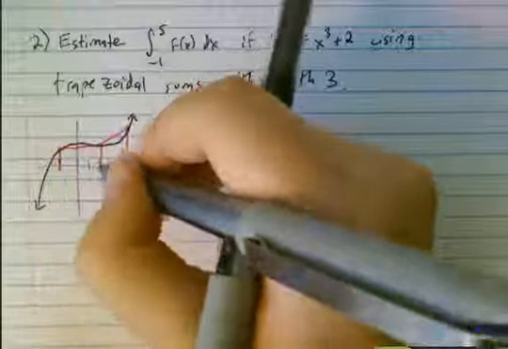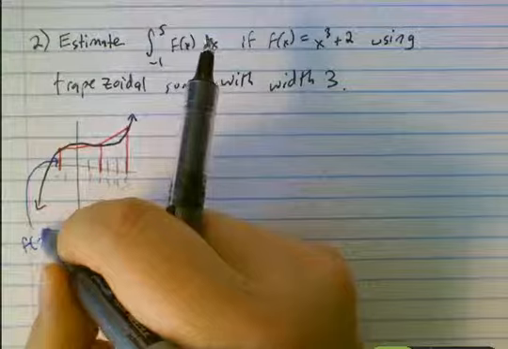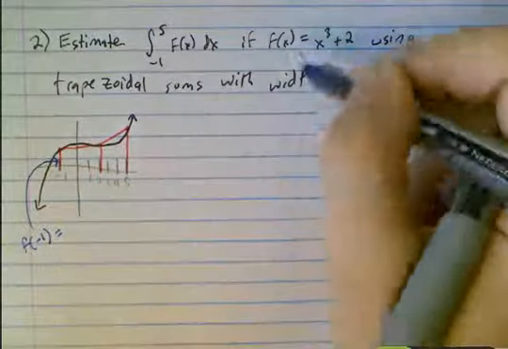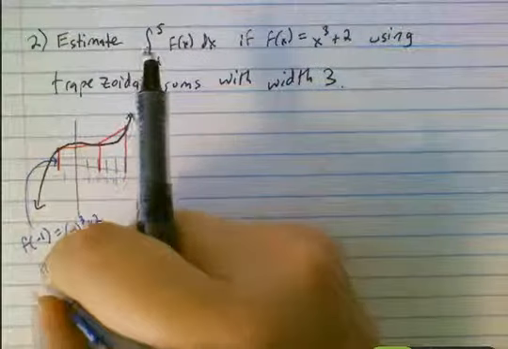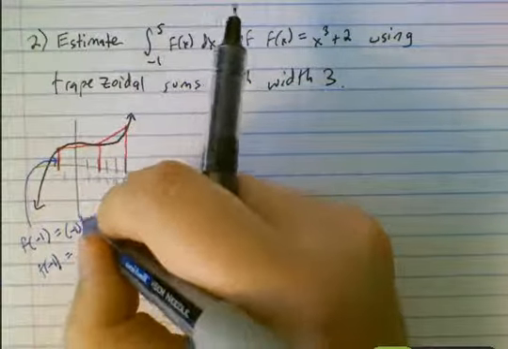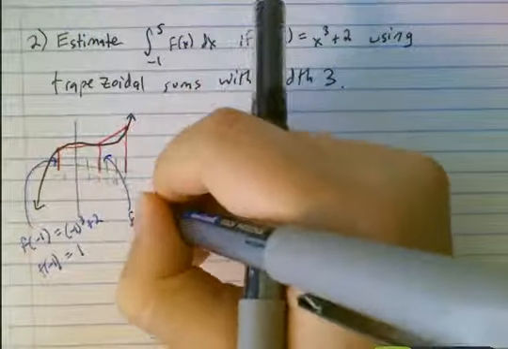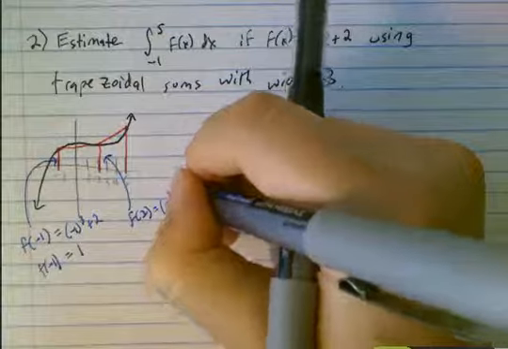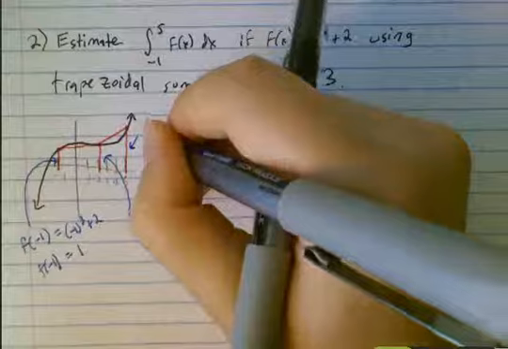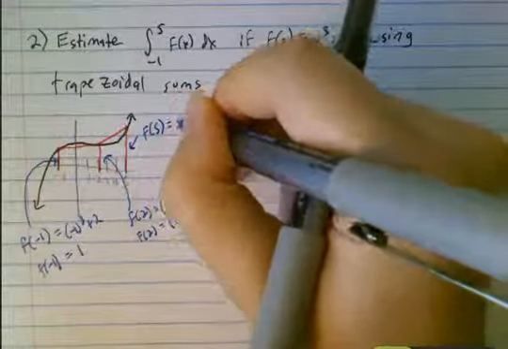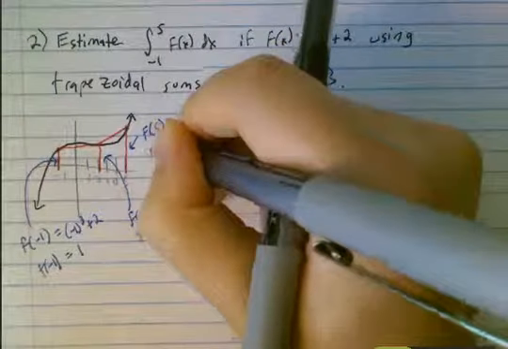And we can see that this width here is 3, this width here is 3, and when we're using these heights here, f of -1 is going to be -1 cubed plus 2, or 1. f of 2 is going to be 2 cubed plus 2. f of 2 is 10. And f of 5 is going to be 5 cubed plus 2, or 127.